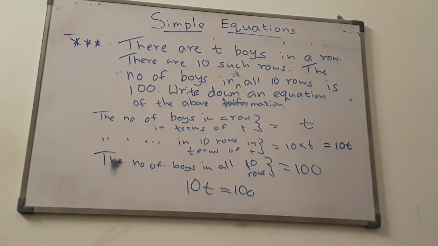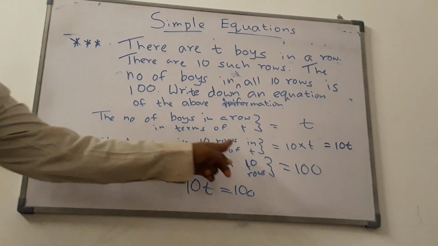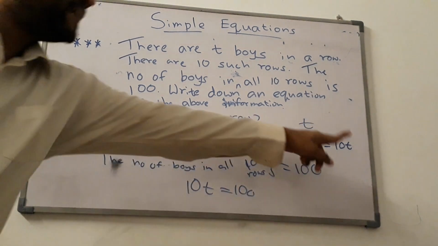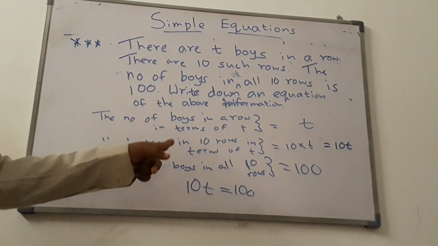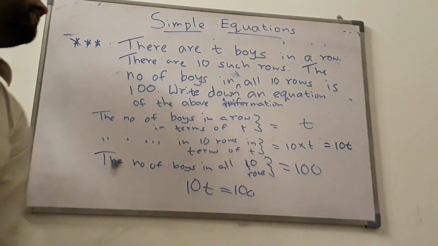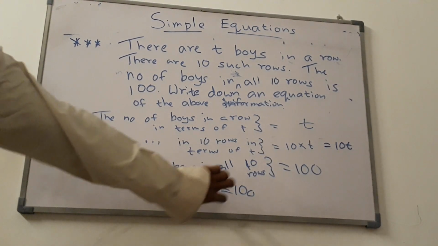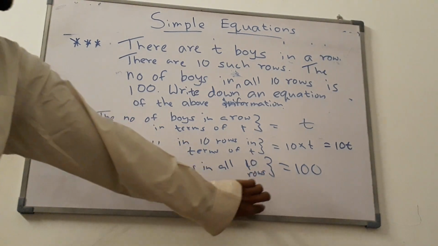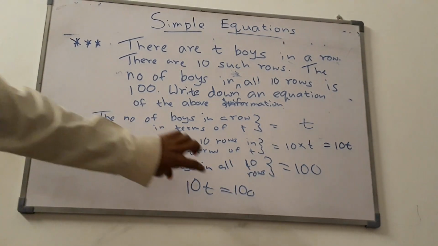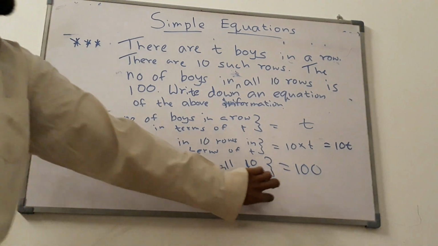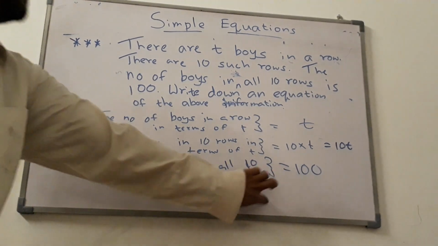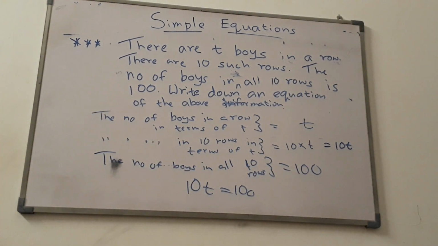Because the number of boys in all 10 rows in terms of t means 10t. In terms of figures means 100. So in terms of t is equal to the given figure. So we can say 10t equals 100. That is the third example.